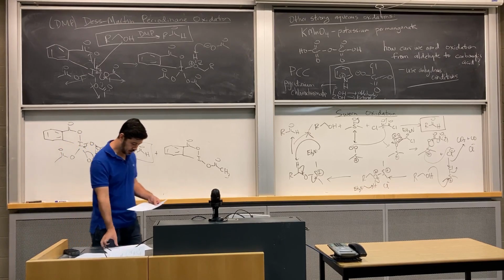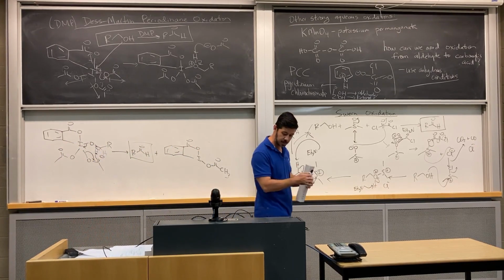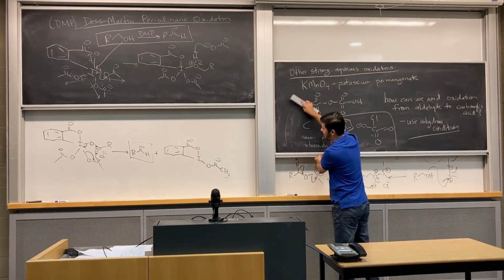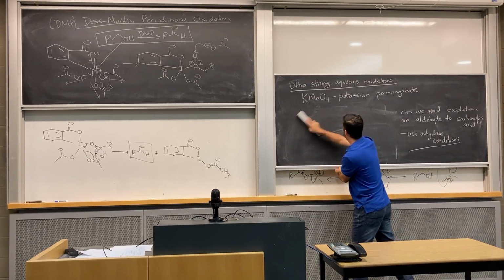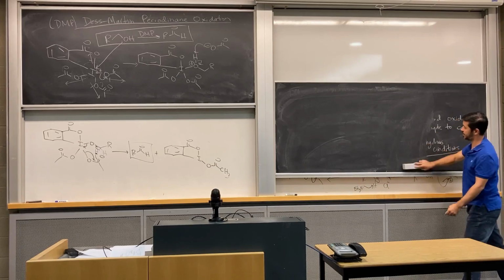The last one I just want to talk to you about is a metal-catalyzed method to oxidize, again, primary alcohols to aldehydes. That's what we're working on exclusively here, so we don't get the full oxidation.